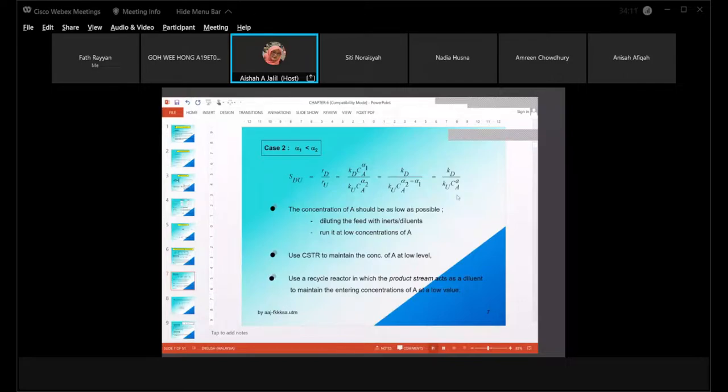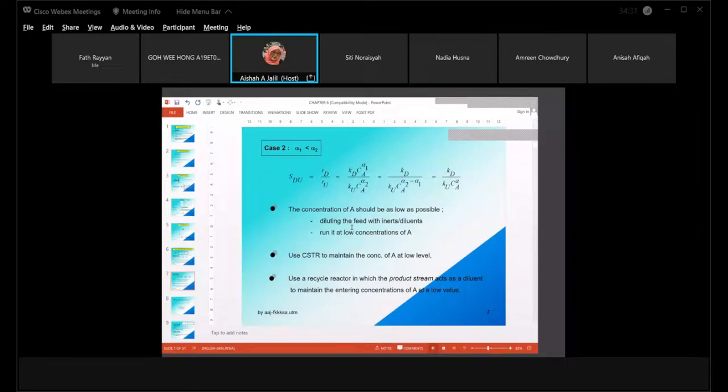How to get the CA smaller? In contrast to case 1, the concentration of A should be as low as possible, okay? How to lower the concentration of A?